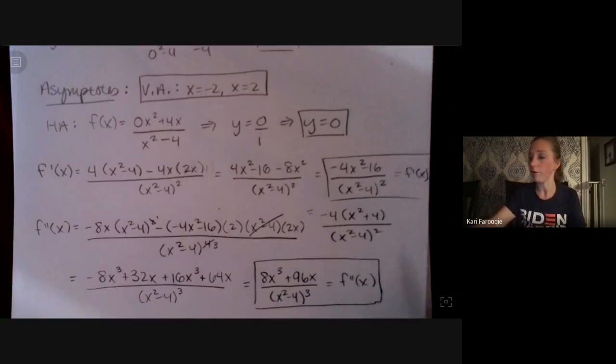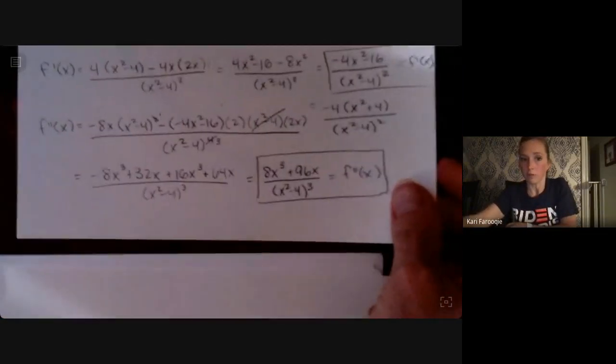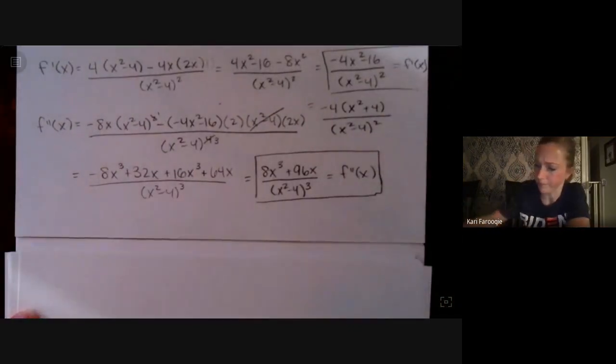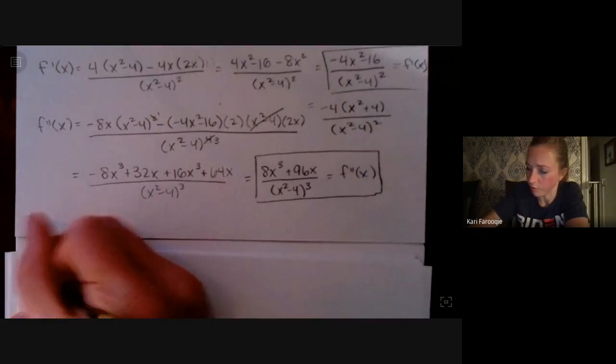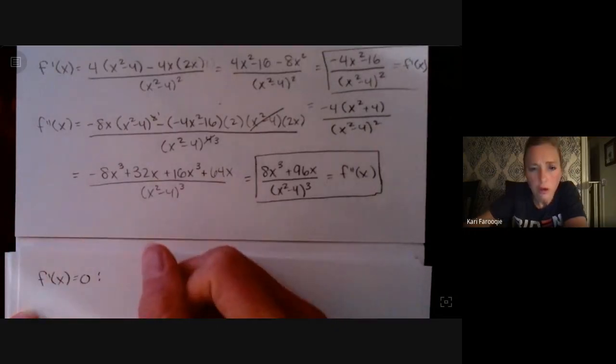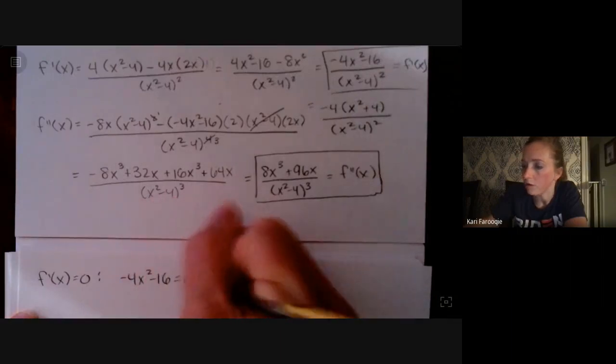All right, so we have f prime and f double prime. We should be pretty good with taking those derivatives. Now we're going to look for critical numbers and possible points of inflection. So I'm looking right now at places where f prime of x equals 0, and that's going to occur when I have negative 4x squared minus 16 equals 0.